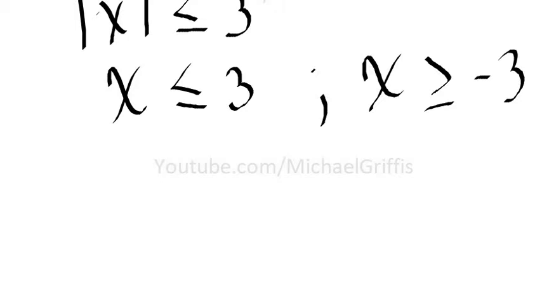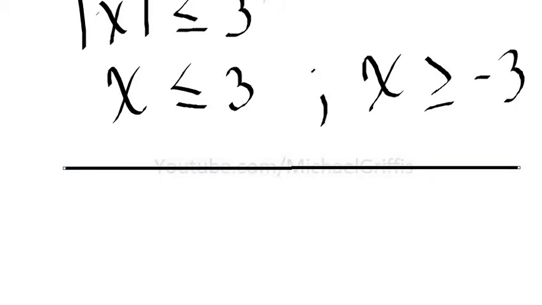Now, once again, let's draw a number line and take a look at where this is going on the number line. x is greater than negative 3, so let's put negative 3 here, and let's put 3 over here on this side. x is less than or equal to 3.